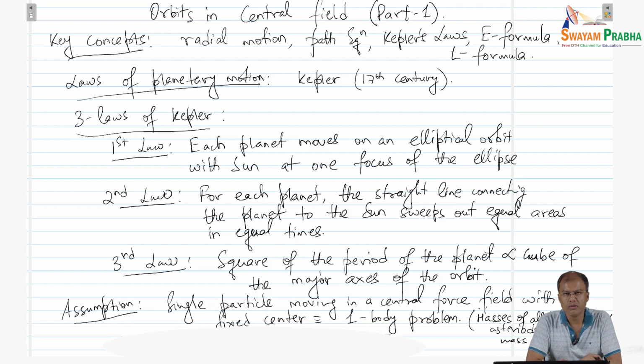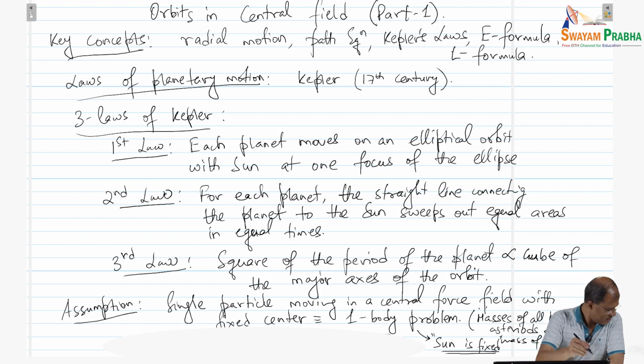So essentially the motion of the sun is comparatively small. So the sun is fixed. This is what I mean by saying that this is a one body problem. The gravitational effect on the sun is minuscule.